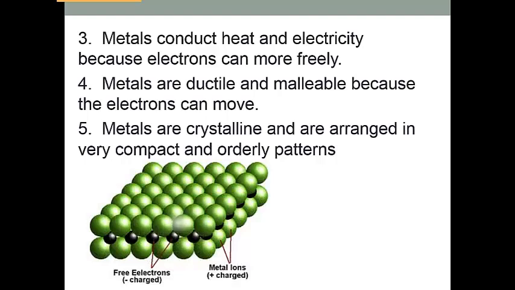It reminds me of when you go to the grocery store and they stack the apples or the oranges on top of each other so they don't all roll off. You have your positive ion here, and then the free-floating electrons form like an in-between layer there. And so they're very compact, very tightly packed together, very orderly.